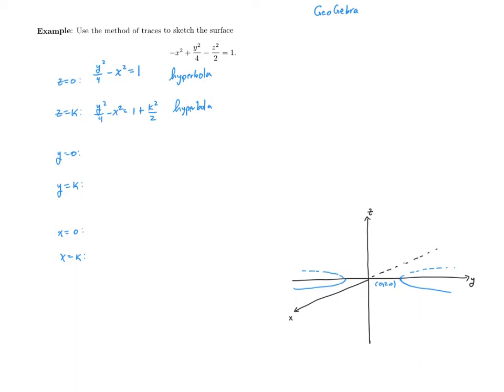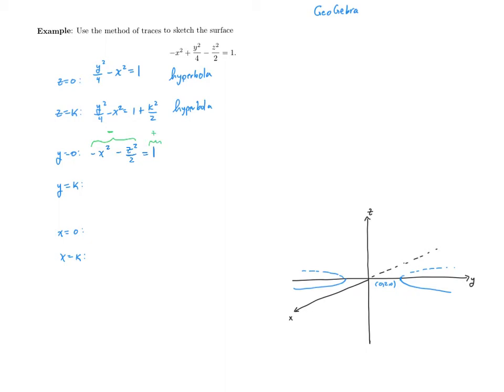Moving on and doing the same analysis in terms of y. When y is equal to 0, we see from above our equation becomes minus x squared minus z squared over 2 equals 1. If this looks a little bit funny to you, I would agree. The reason is that what we have on the left-hand side is always negative, or at least not positive, and what's on the right-hand side is positive.